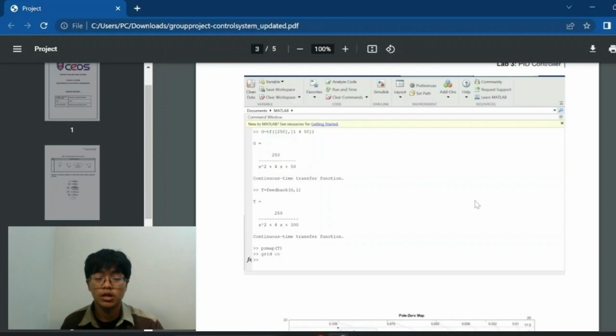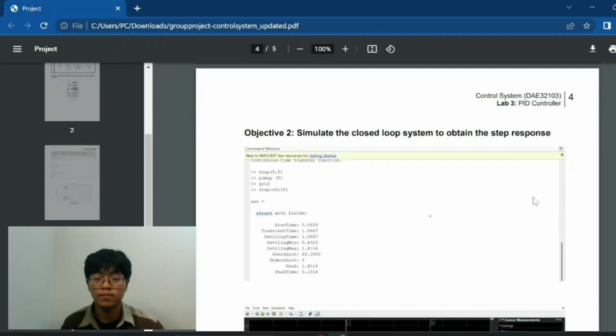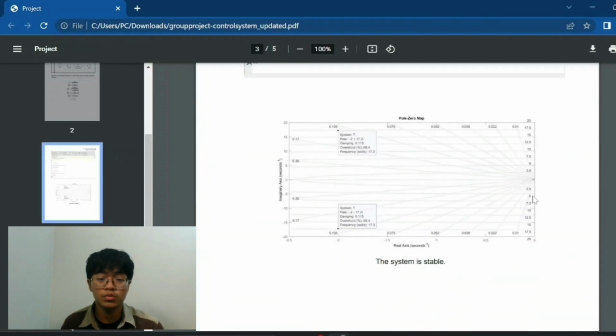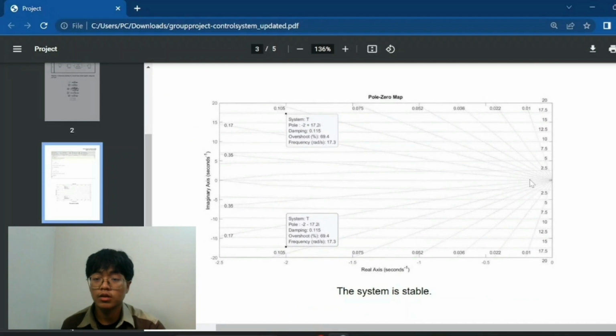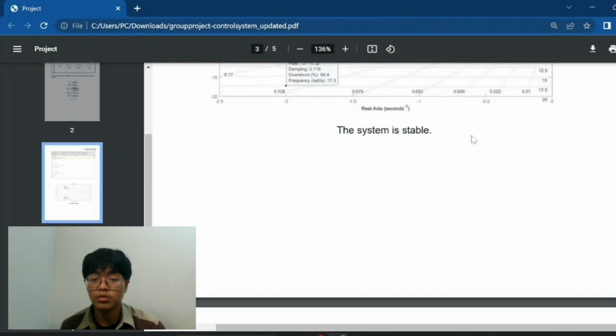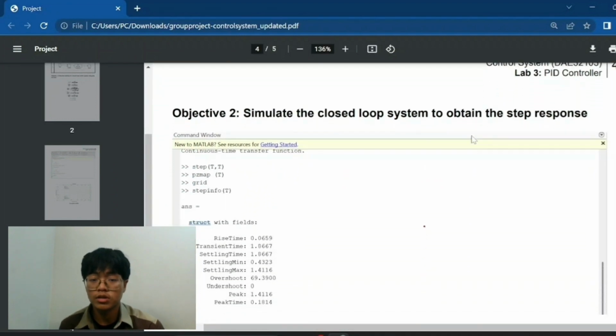Next, based on my result in 1 and 2, the system is stable because when the poles of the system are located in the left half plane, the system is shown to be stable. Next, for objective number 2. After I developed the closed loop system shown in table 1 using MATLAB Simulink and run it, the step response is shown here.